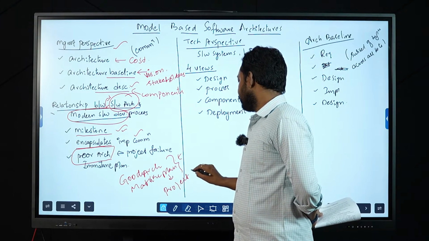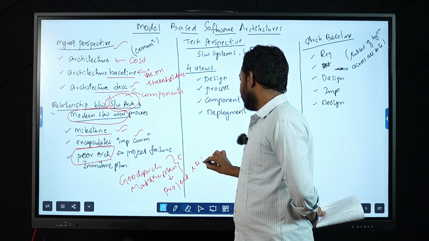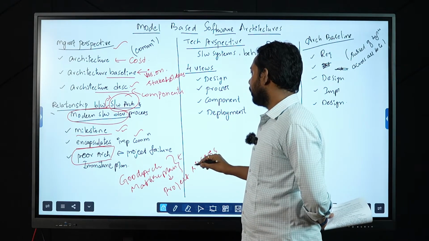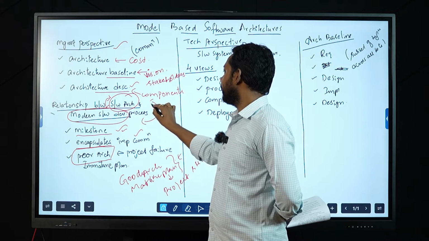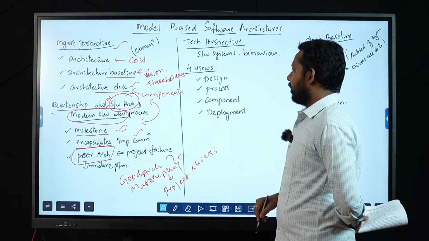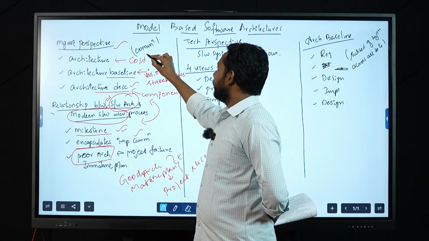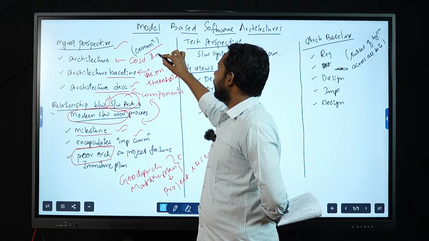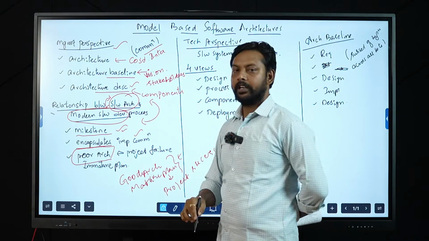So this is how you can relate both of your process developments, either your architecture or your development process. In your management perspective, it is majorly focusing on intercommunication. That is what we have already discussed.